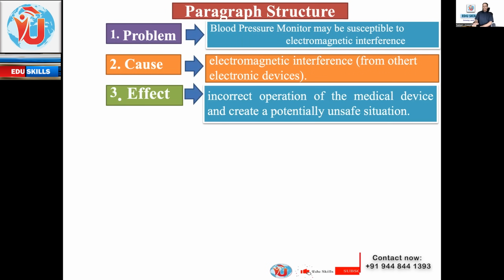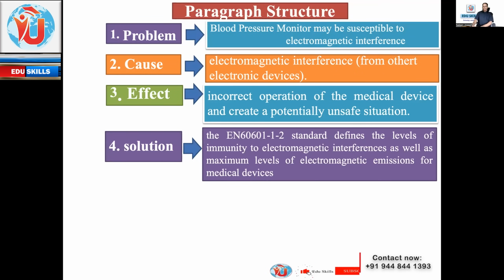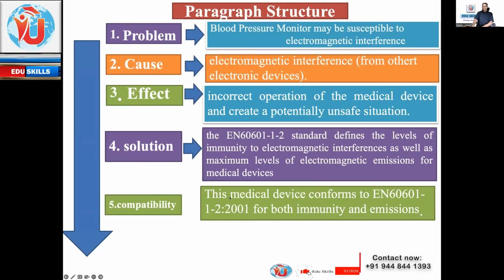Effect: incorrect operation of the medical device and creation of a potentially unsafe situation. Solution: the EN 601/601/112 standard defines all those immunity and emission levels. Then compatibility: this medical device conforms to EN 601/601/122/0001 for both immunity and emission. It is safe. That means it is safe.